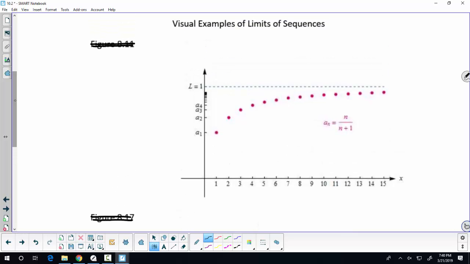Using our terminology, let's describe these. Convergence on this first one. Non-decreasing. Okay, yeah, it seems to converge to 1. Here's L, the limit: 1. It converges to 1.